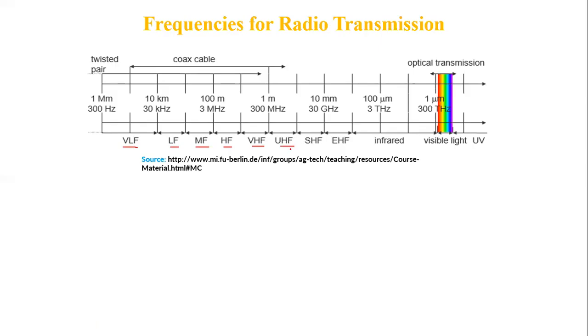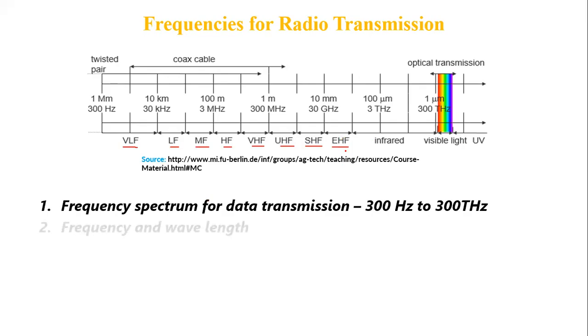SHF is super high frequency. And EHF is extremely high frequency. These are the different types of frequencies used for different types of communication. We will be understanding which band of frequency is used for which type of communication.